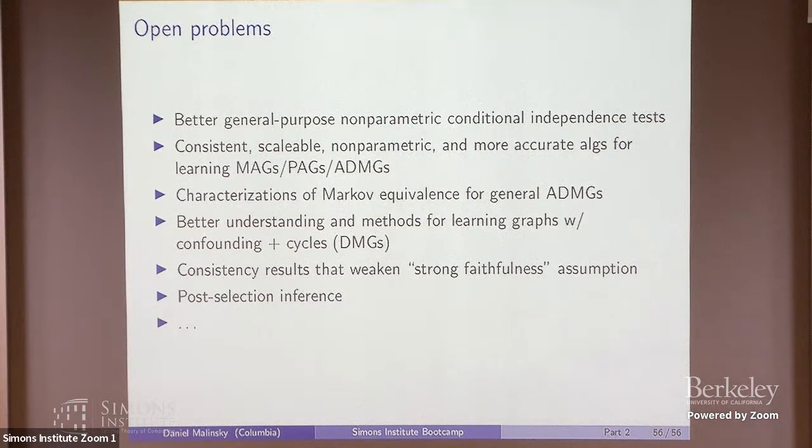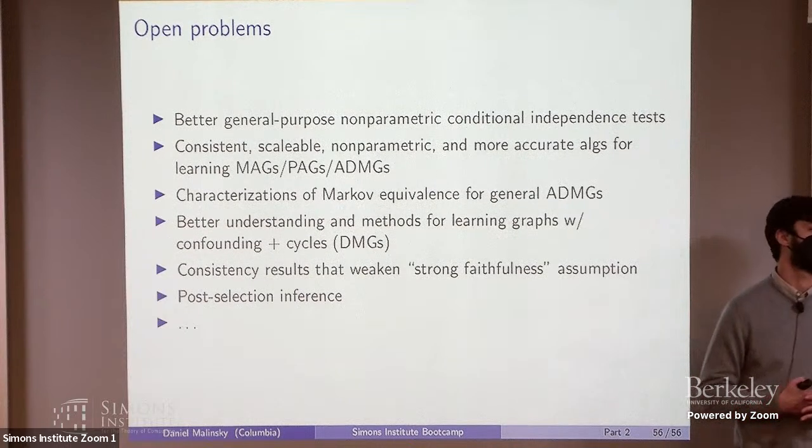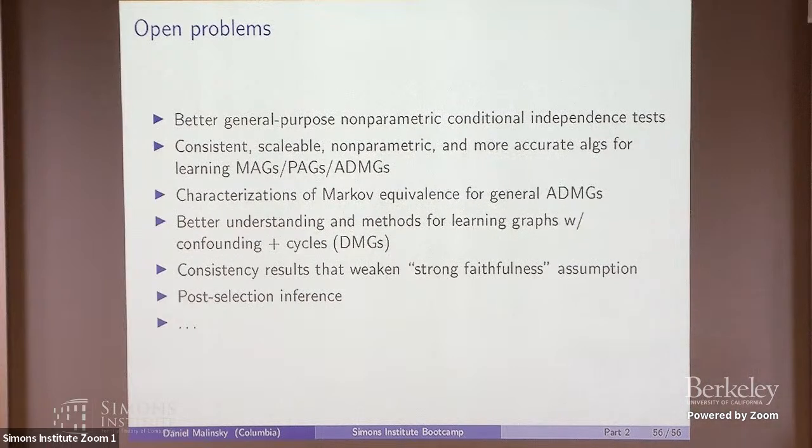And then there is the broad question of, statistically speaking, how to do valid post-selection inference. So given that you've selected a model, you might want to use the same data to subsequently estimate some causal effect or some interventional distribution, treating that model as if it were known. If you do that in a naive way, your quantification of uncertainty will not be valid. Your confidence intervals will not have the correct coverage.